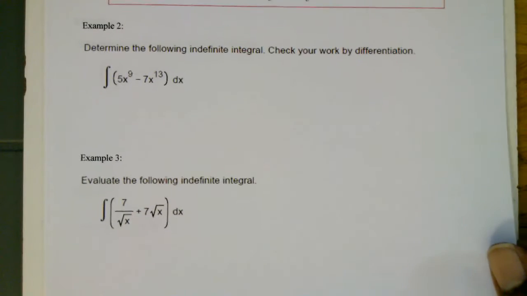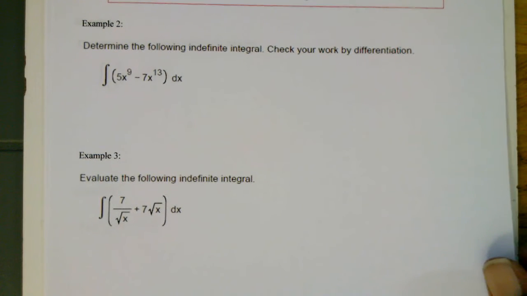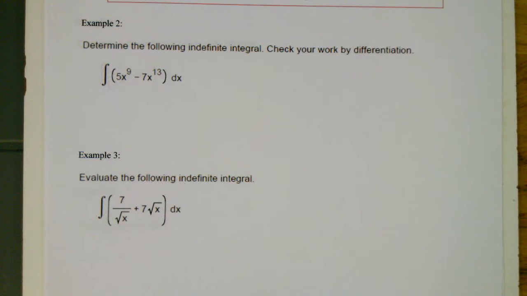Starting with example 2. Let's determine the following indefinite integral, and let's say we want to check by differentiation. I've got the integral of 5x to the 9th minus 7x to the 13th dx, and I want to find its integral.